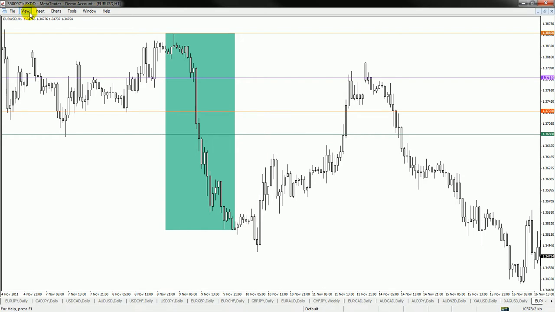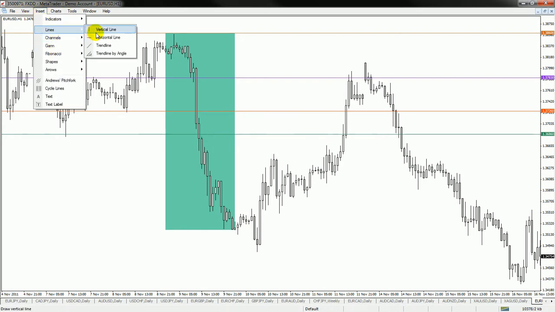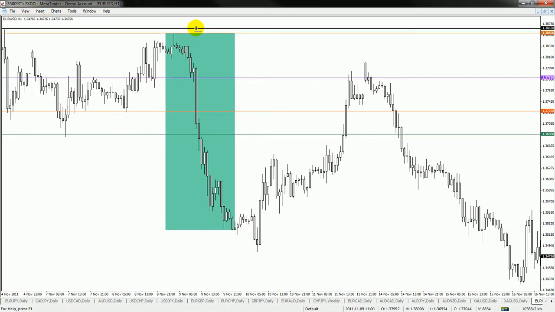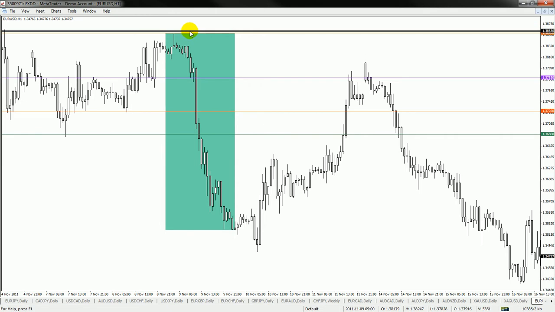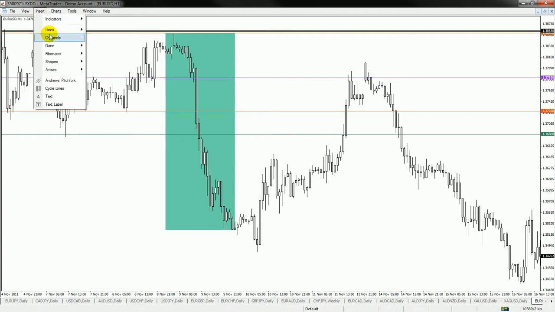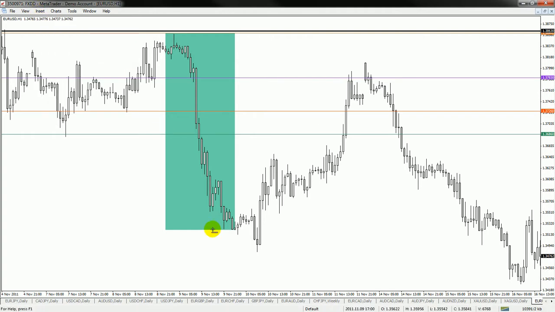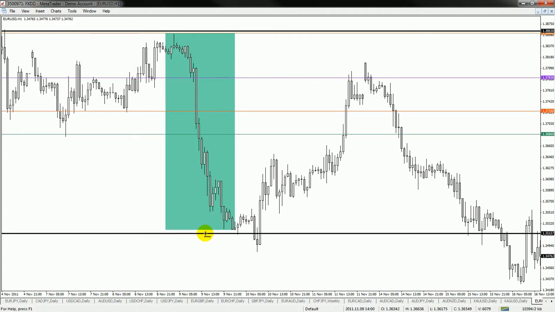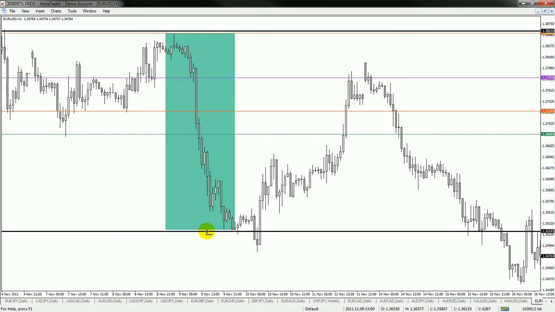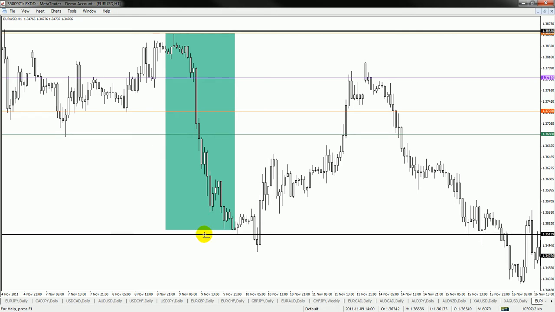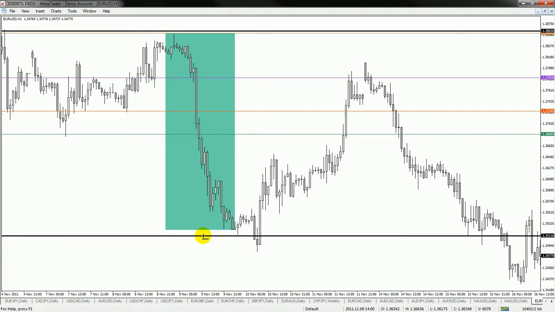Okay, so what do we do? What I usually like to do is put my stop loss just above the high of the bearish big shadow, and then I'll put my sell stop just below the low. As you know, I generally prefer to wait for the market to trigger my sell stop after the Asian session.